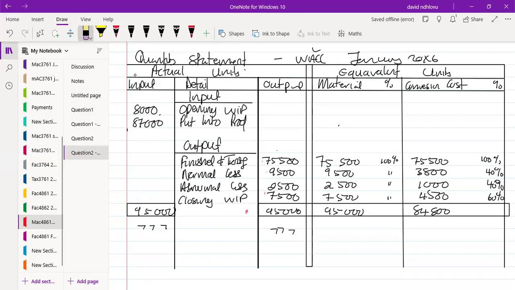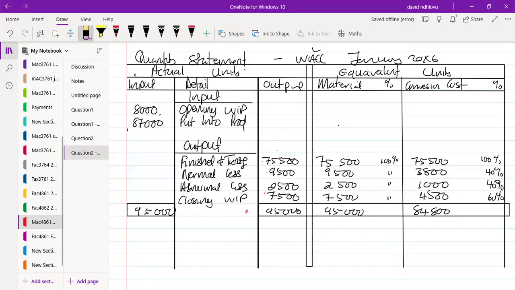Can I ask something? I just need to understand something. Yes, please ask. We're saying that the closing WIP is complete at 60%, which is 4.5. So the remaining ones, when we go to the following year, are we going to say they incurred loss?